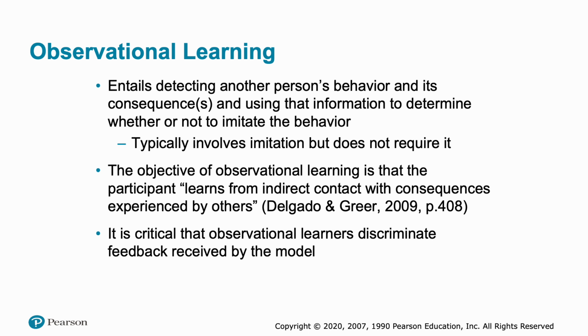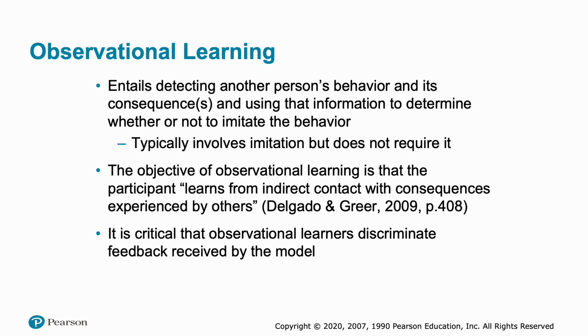You might alter your response to provide a different response based off of the feedback that the teacher provided. So you are modifying your behavior. You are learning based off of having observed this person engage in a behavior and having observed the consequence that they received for having engaged in that particular behavior. So in this example, you didn't necessarily imitate that person's behavior.